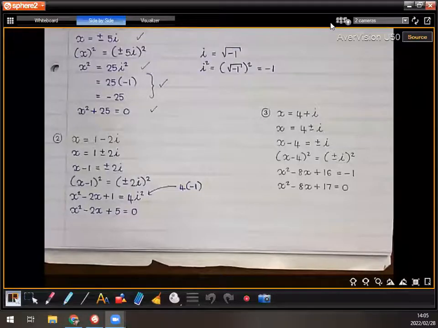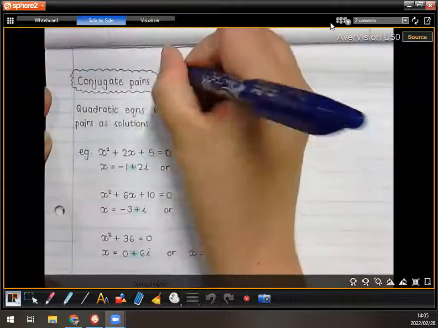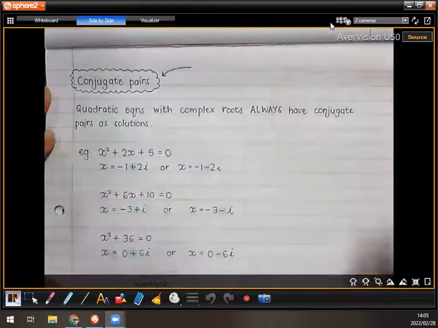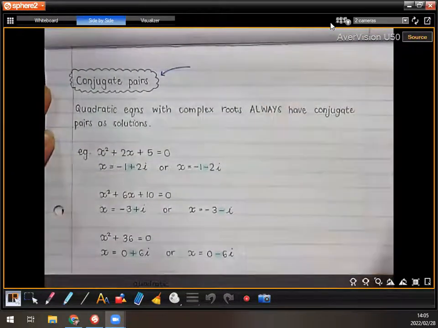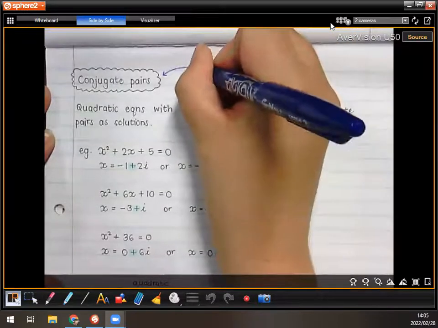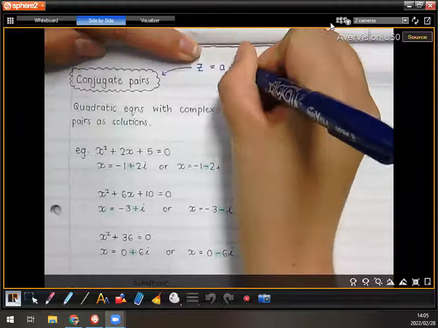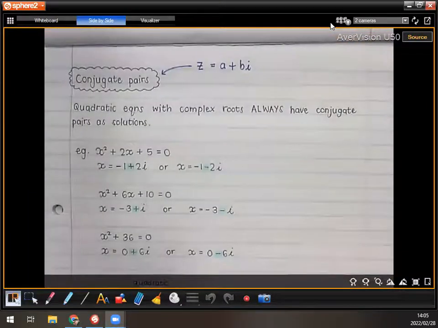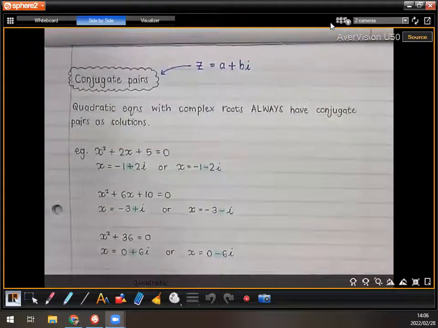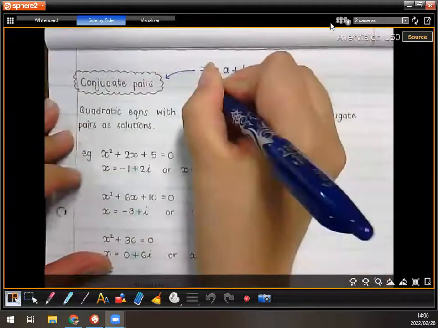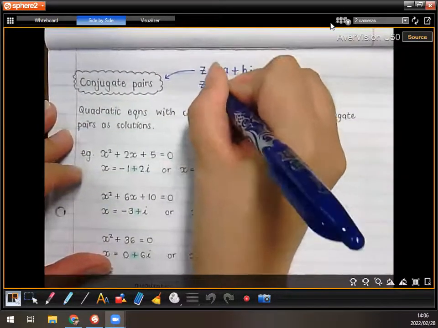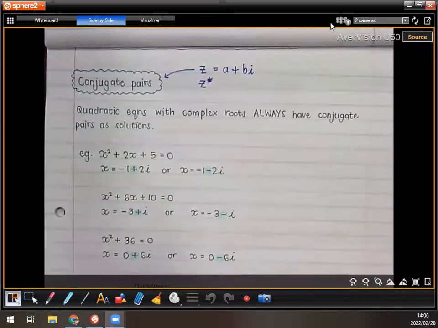Mention on Friday the notation that they use for conjugate pairs. So if you have Z equals A plus BI, then the notation for the conjugate is an asterisk, like that.